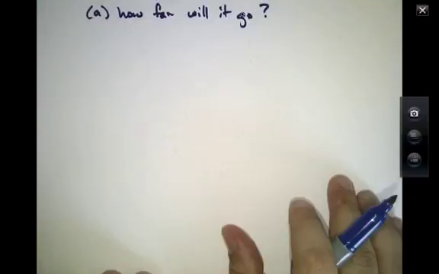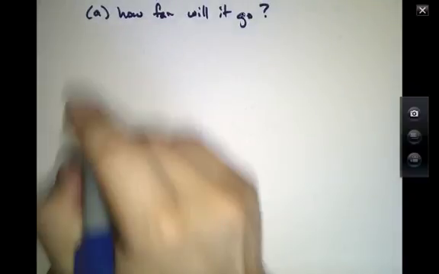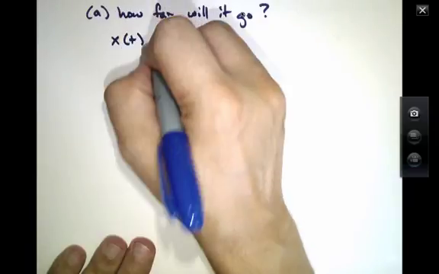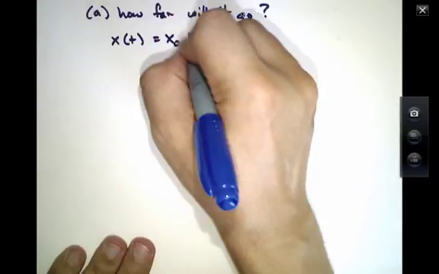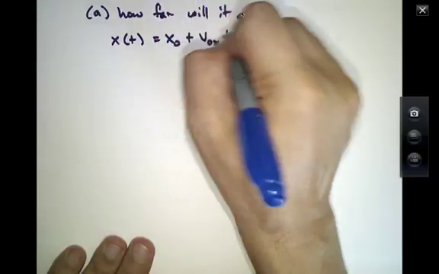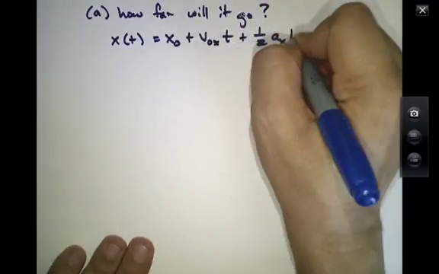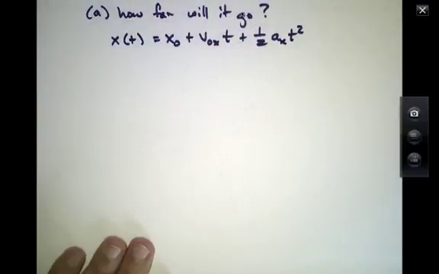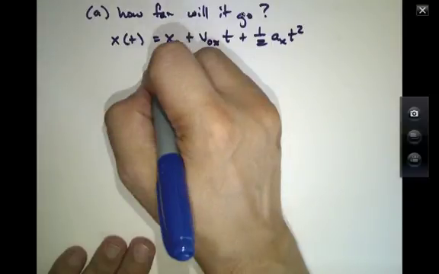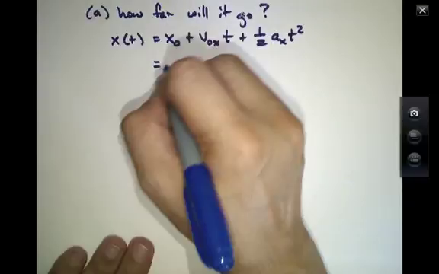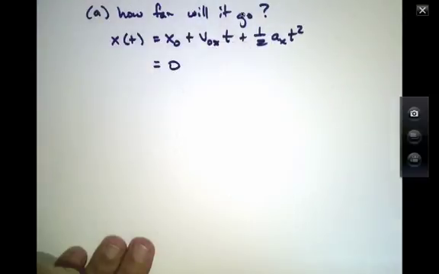The other question we asked in part A was how far will it go? Well, the equation of motion in the x direction is x naught plus v naught x t plus 1/2 a sub x t squared. And we have to again fill in some constants here. We don't know how far it's going to go. That's what we're going to determine. But we're going to say that it started at the origin, so x naught is 0.